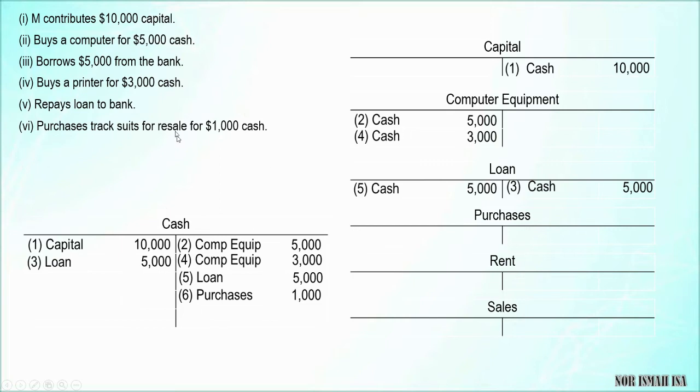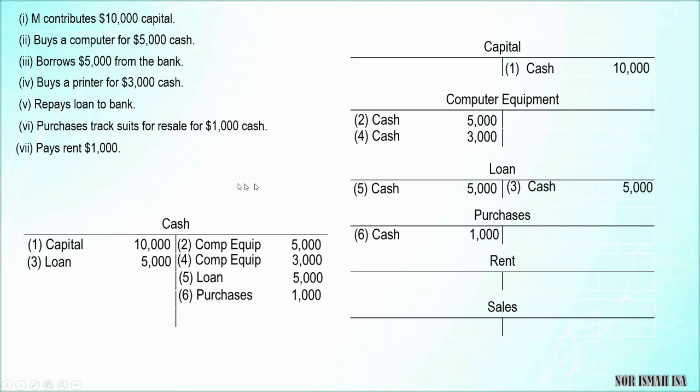Since you buy by cash, the cash will decrease. So you credit the cash and you debit the purchases because purchases will decrease the equity. So you know that it should be debited 1,000. So this one should be to write down the effect for the other account.